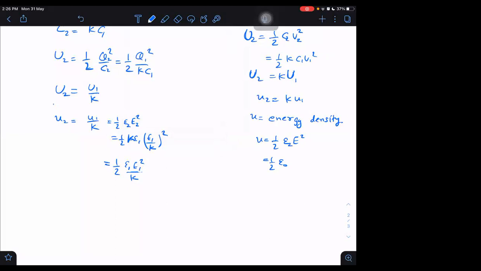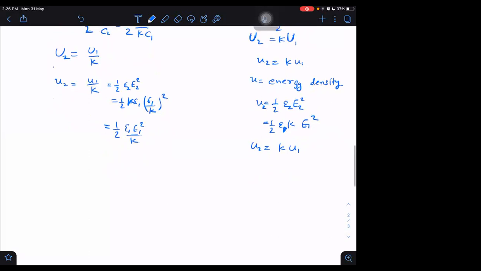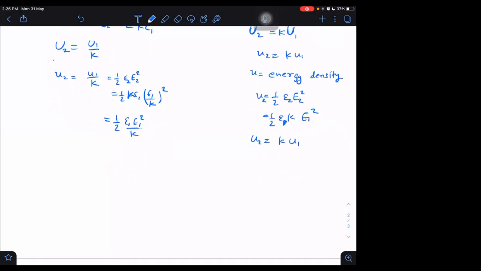Here also it will be 2, then it will become epsilon naught into K, epsilon 1 into K into E1 square, which will become K times, this is u2, K times u1. Is it right? Yes, sir.